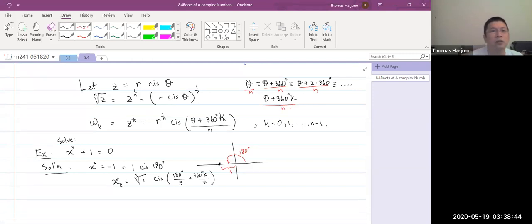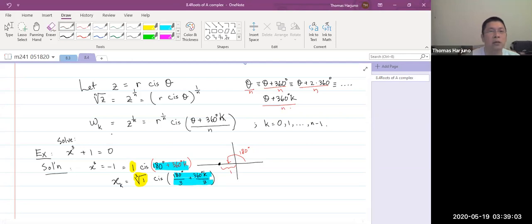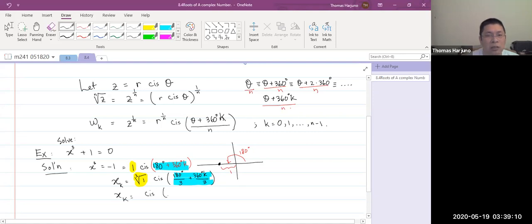You can see it this way, that this angle is coterminal to 360 degrees k here. So I do the cube root for the radius, and for the angle, I divide. Okay, so x_k will be 1 cis 60 degrees plus 120 degrees k.